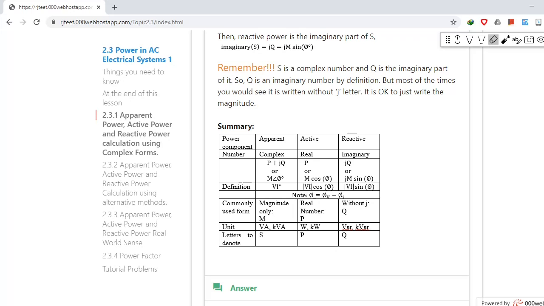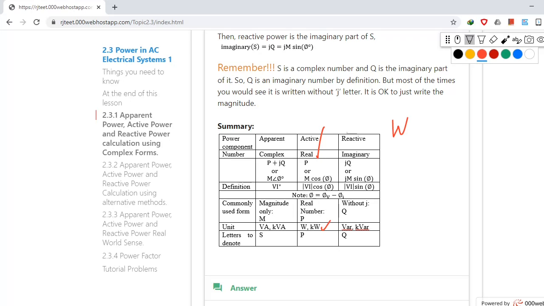And you use the letter Q to denote your imaginary power or reactive power in equations, and letter P to active power. And units are very important. To measure active power, you use watt. So you are already familiar with watt unit from the previous section. So it is the power that is dissipated from a system, the visible power.